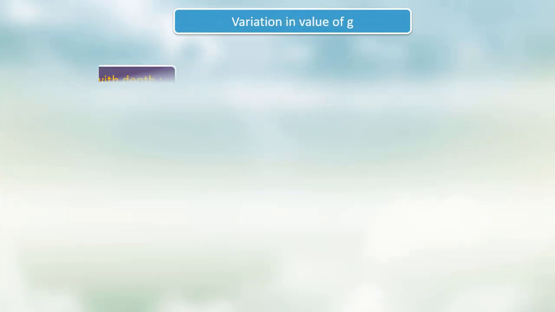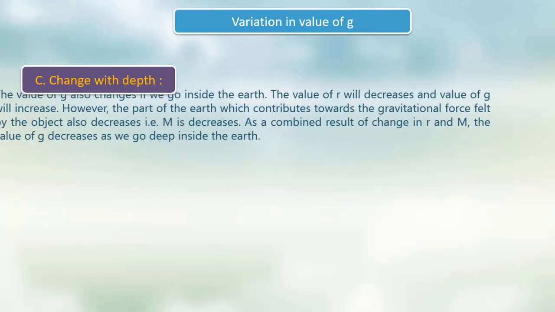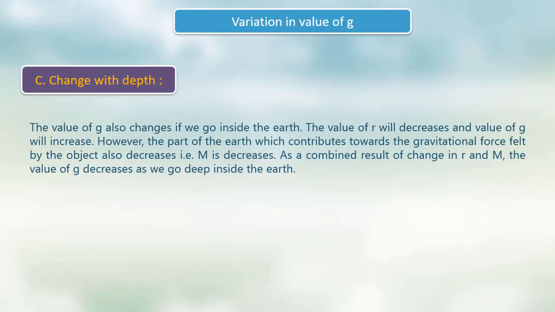Variation in value of g. C, change with depth. The value of g also changes if we go inside the earth. The value of r will decrease and the value of g will increase. However, the part of the earth which contributes towards the gravitational force felt by the object also decreases. That is, capital M decreases.